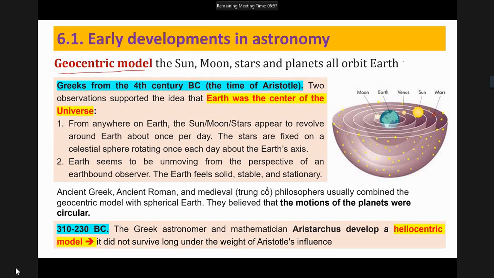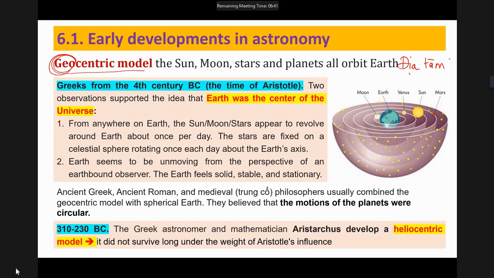Geocentric là thuyết địa tâm, các bạn có thể chú giải vào. Geo là địa, centric là tâm. They established the geocentric model.